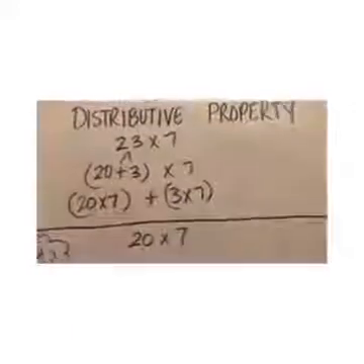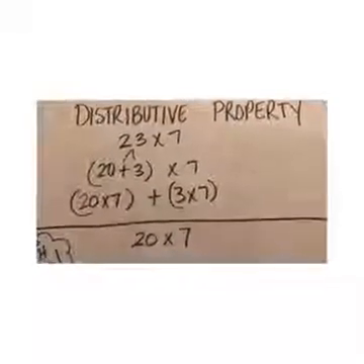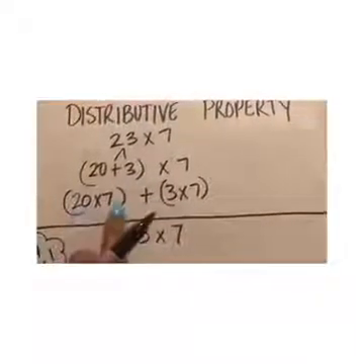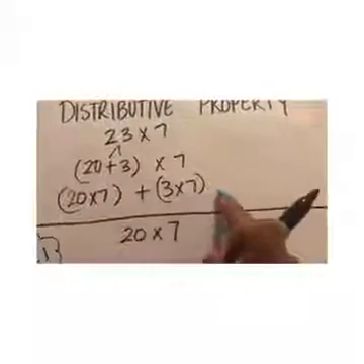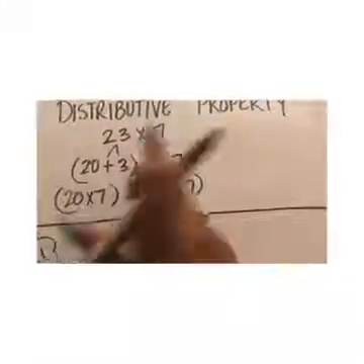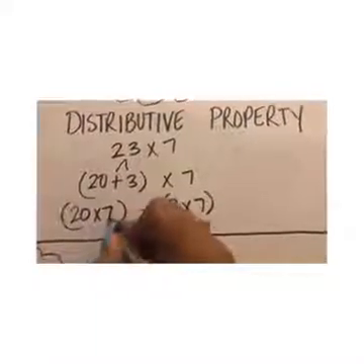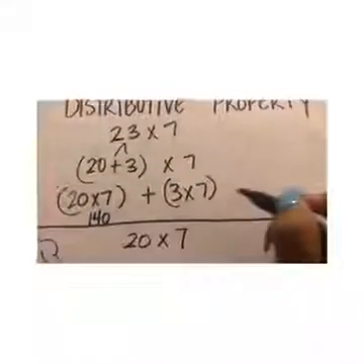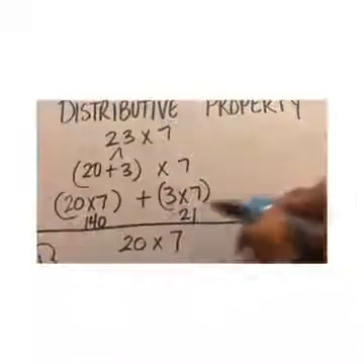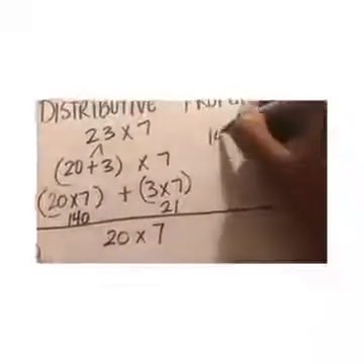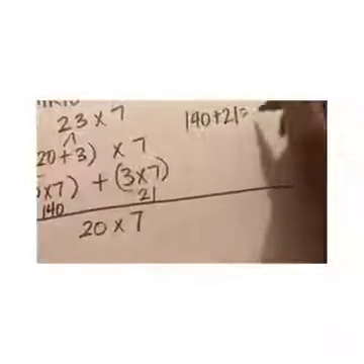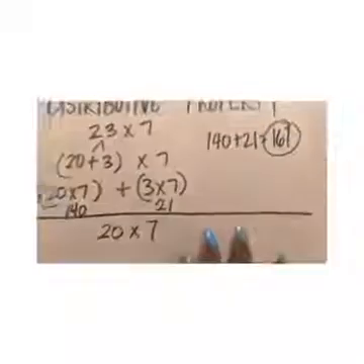I'm just breaking it up into smaller chunks to make it easier for myself, because in some students' eyes it's easier to multiply 20 times 7 and 3 times 7 than to multiply 23 times 7. So I know 2 times 7 is 14, so 20 times 7 is 140. 3 times 7 is 21. And I'm back to that 140 plus 21, which is 161.